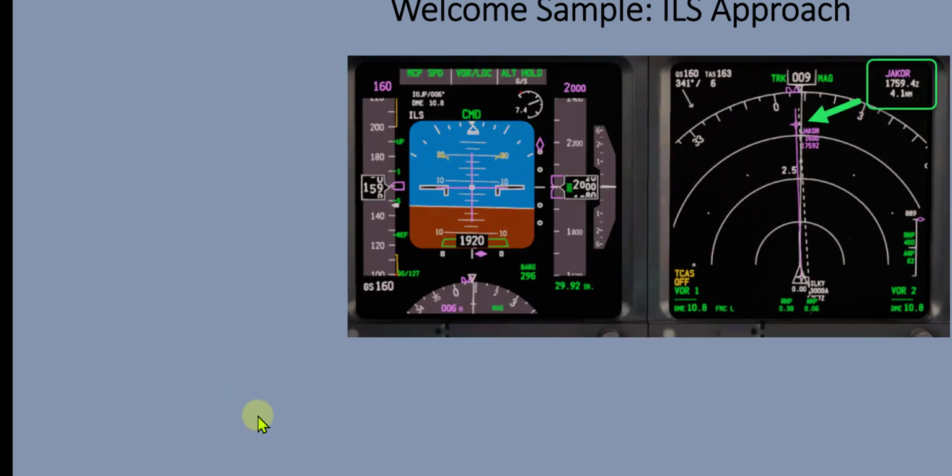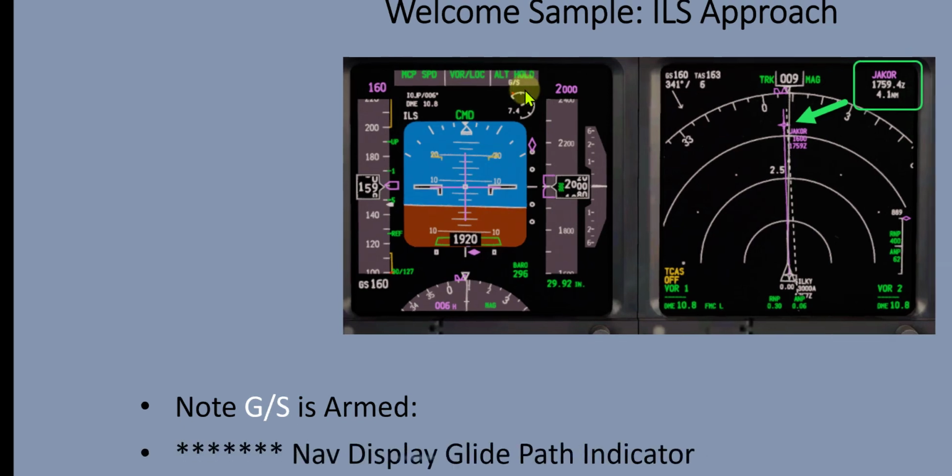So at this point, what we've done is we've engaged approach. So when we do that, we want to note that there is a white glide slope arm in the altitude window. That's most important.